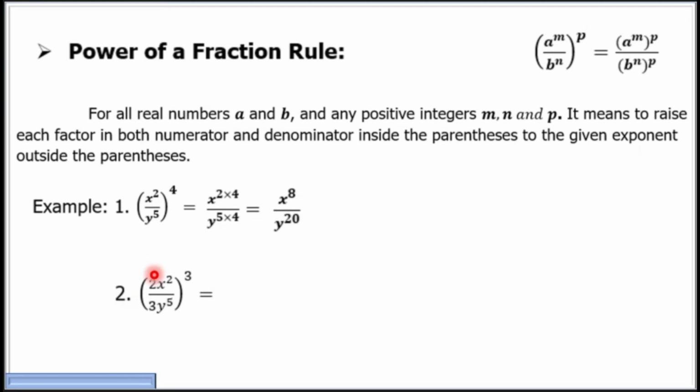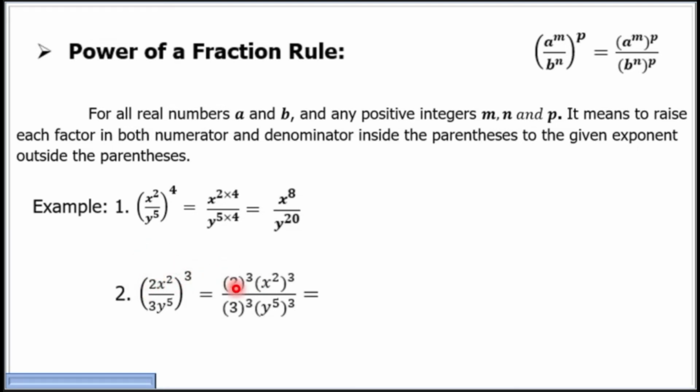Number 2, the same. The quantity of 2x squared over 3y raised to the power of 5 raised to the power of 3. So, distribute tagsa-tagsa nila. So, ni 2, ni x, ni 3, o ni y. So, yun na ra. Okay? So, next. The solution. 3, ang cube, atong ibutang ni 2.